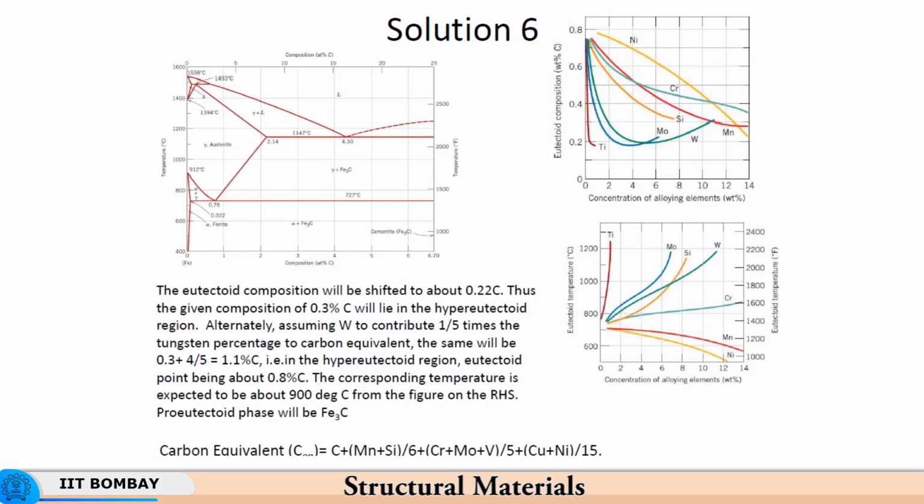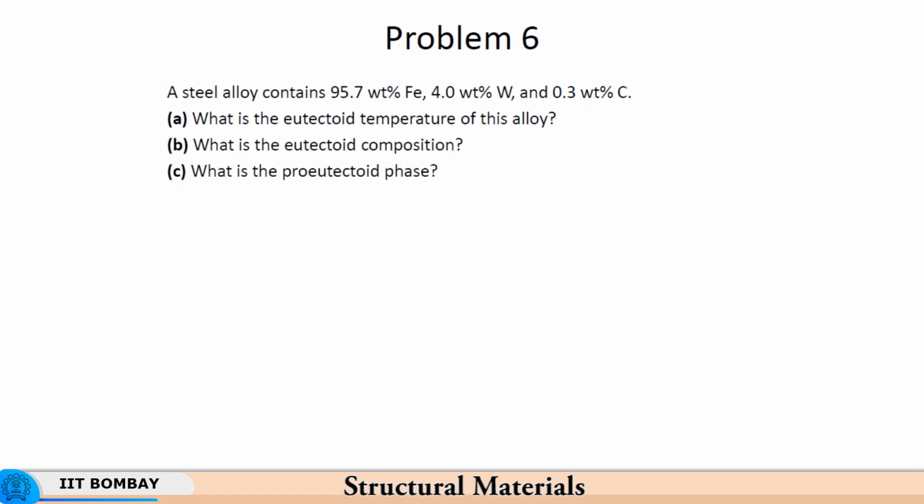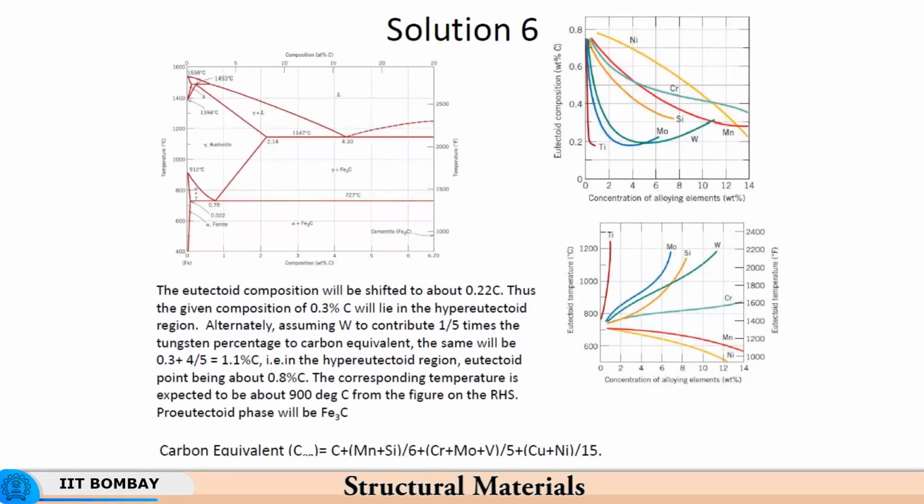That is the effect, and if the eutectoid point were to be shifted to the left, then the composition will shift to the hypereutectoid range. Based on this graph, the eutectoid temperature increases to 900 degrees centigrade from 723.